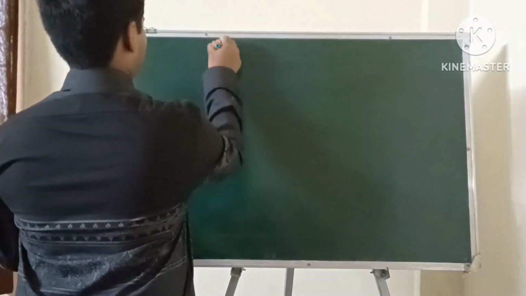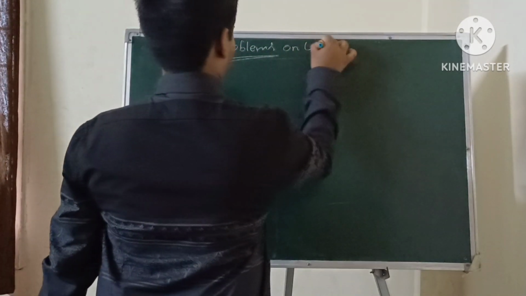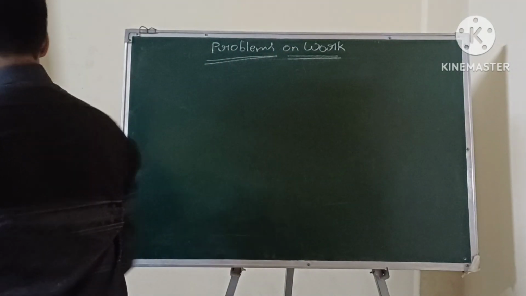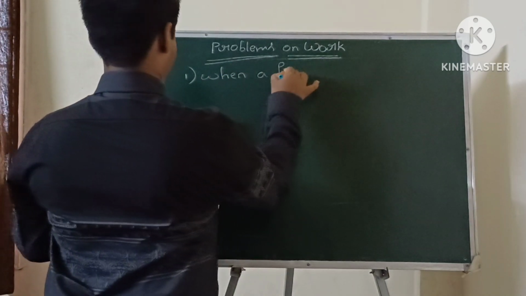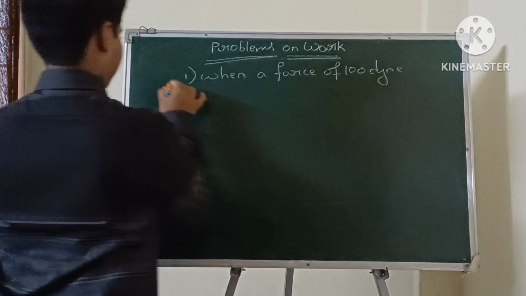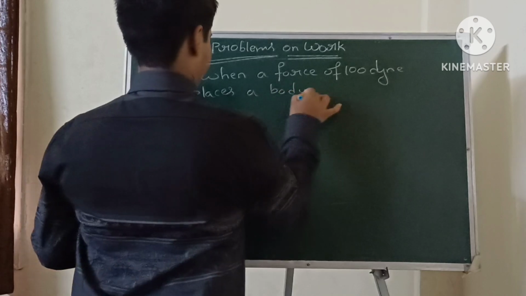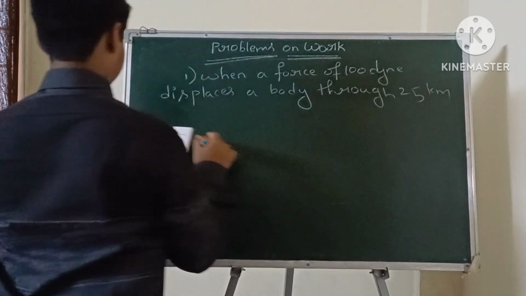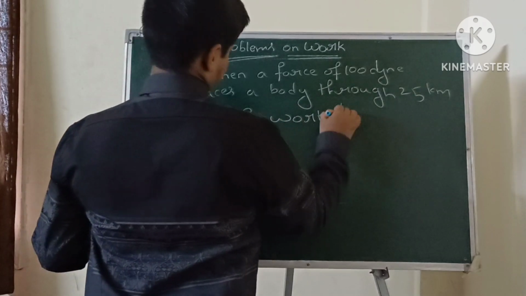Next topic, problems on work. First one: when a force of 100 dyne displaces a body through 25 kilometers, find the work done.